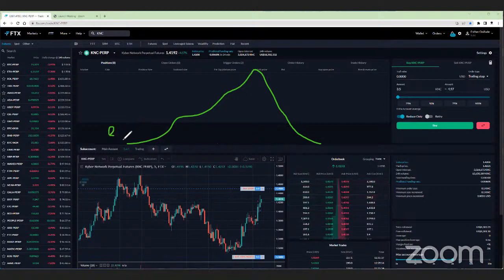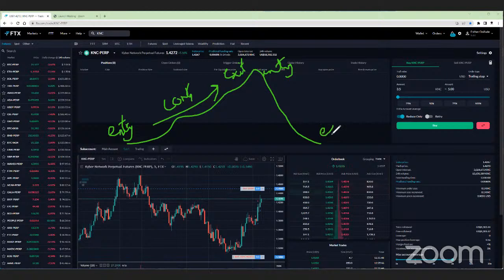If you make an entry here and an exit here, this is you buying low, selling high. This is called going long. But if you make an entry here and an exit here, this is called going short. So you make money as the market goes down. And in this case, you make money as the market goes up.